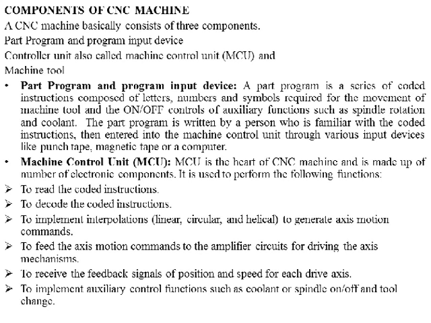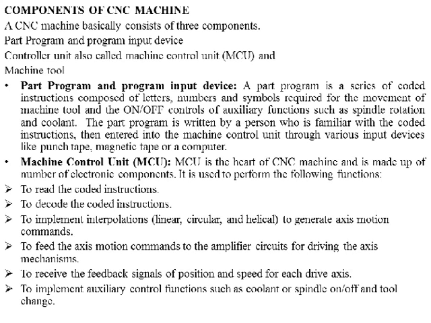They provide the feed for the axis motions to the amplifier circuits for driving the axis mechanism. They receive the feedback signal of the position and the speed of the drive axis. They also implement the auxiliary control functions such as coolant or spindle on off and tool change. So these are a few functions that a machine control unit does.